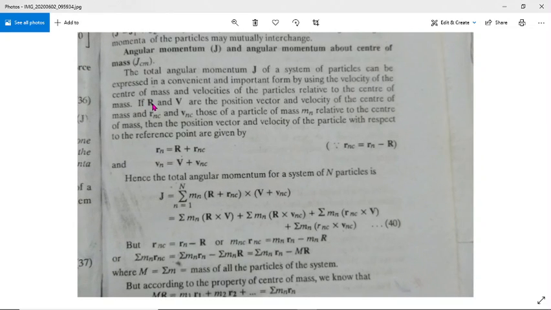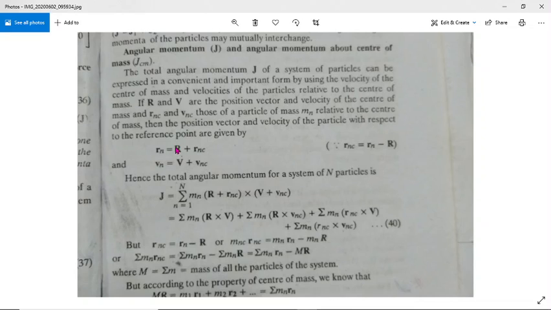If capital R and V are the position vector and velocity of the center of mass, and Rnc and Vnc are those of a particle of mass mn relative to the center of mass, then the position vector and velocity of the particle with respect to the reference point are given by Rn equal to R plus Rnc.